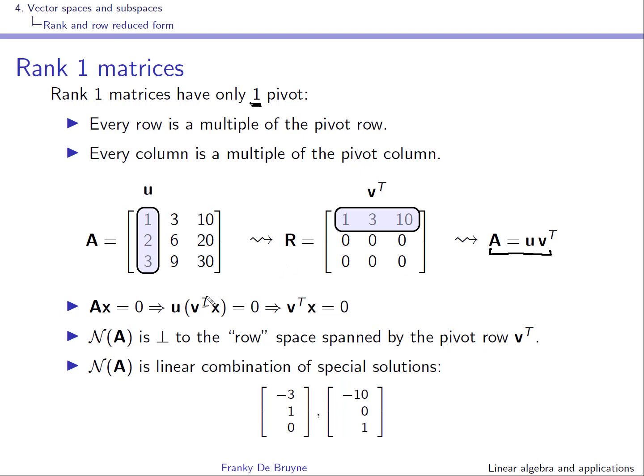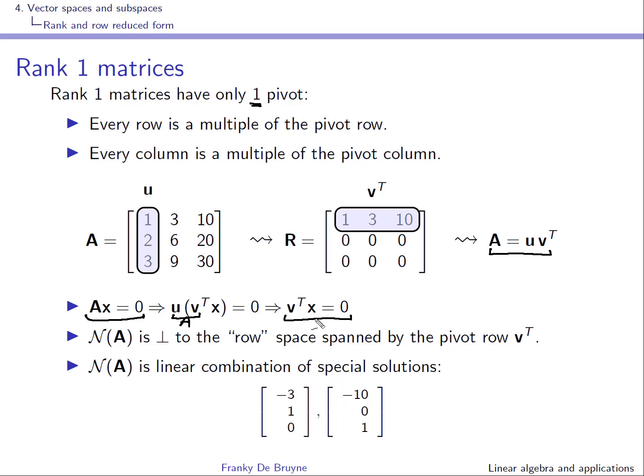Okay, so let's have a look at the null space. So we have to look for the solutions X such that AX is equal to 0. We rewrite A, and we see by associativity that the X such that AX is equal to 0 are X such that this equation is valid.